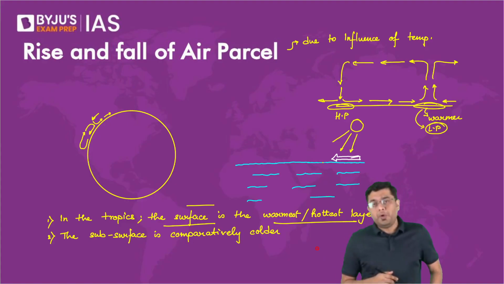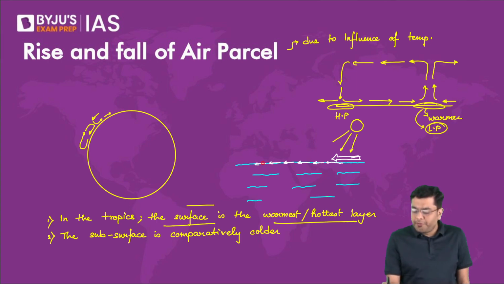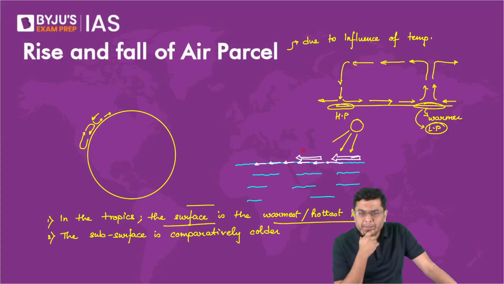Now, as the wind blows here, now can we say that the wind will start to carry with it some amount of surface water? So when you have a very strong wind movement, it carries the surface water along with it. Perfect.